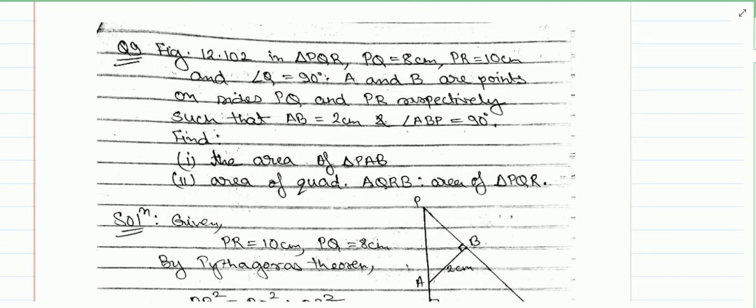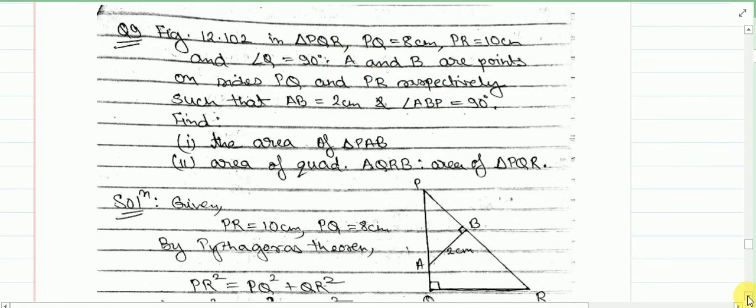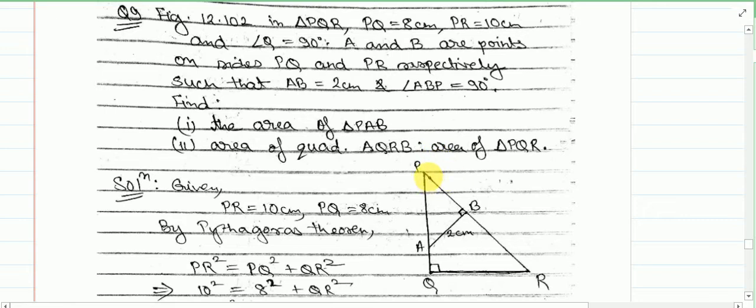Now we will see question number 9. Question number 9 says, figure 12.102, in triangle PQR. So this is the triangle PQR where PQ is given to be 8, PR is given 10 centimeter, and this angle is 90.